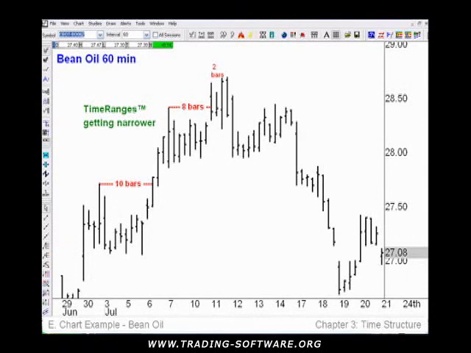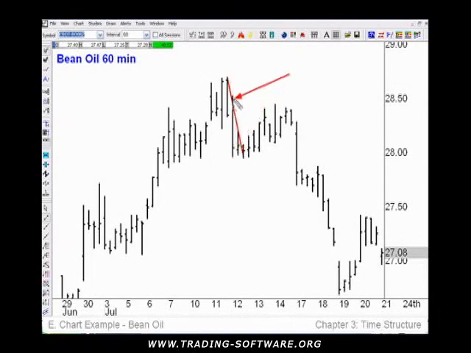So we know that this upward move is in some sort of slowing down mode, which is very, very helpful if you're trading a head and shoulders going the other way. Head and shoulders are major reversal patterns. We came off of this high down to the low with a huge bar in the middle.